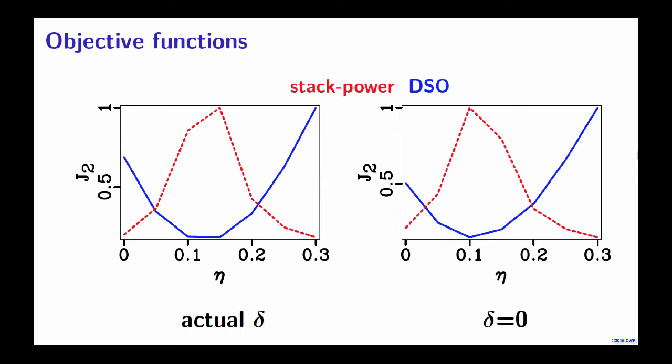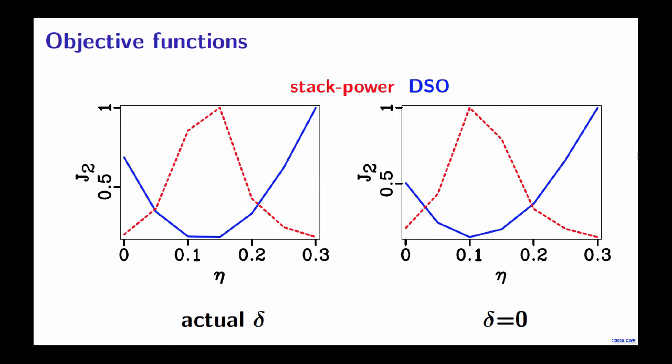Then we repeated the same test, but now keeping delta equal to 0, just to see what is going to change due to the errors in this parameter, which is laterally varying here.